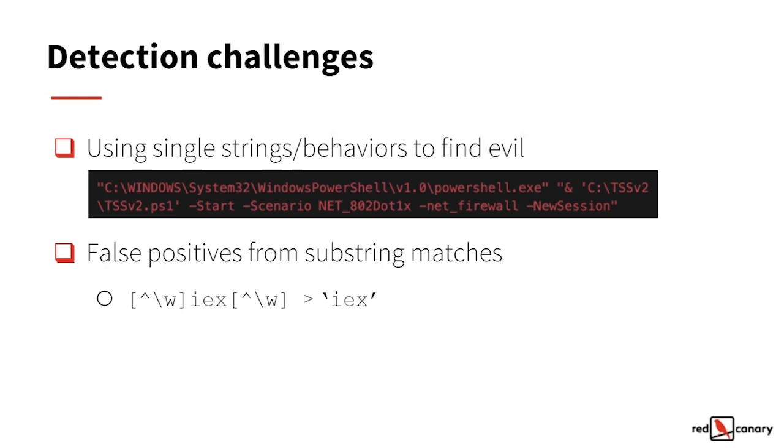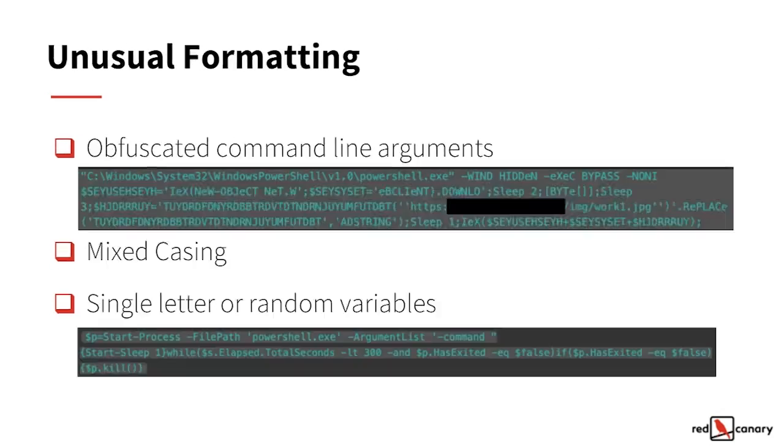One example of that is something we already saw, and that's here. Each instance of IEX is surrounded by parentheses, semicolons, single quotes. So if you have spaces, then you're going to miss that.